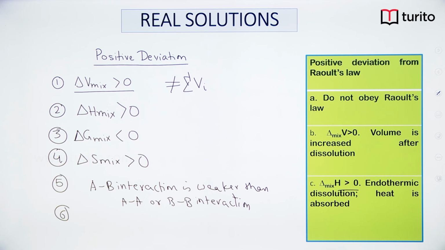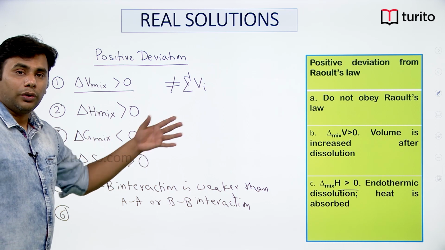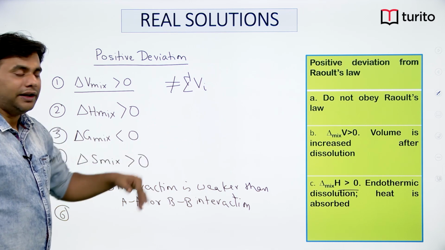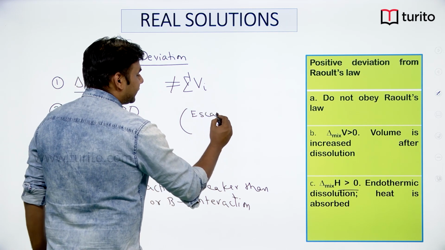So we'll say that for a positive deviation solution, delta V mix is greater than 0, delta H mixing is greater than 0, indicating that it is an endothermic process. Delta G mix is less than 0, delta S mix is greater than 0, AB interaction is weaker than AA or BB interaction. So we can say that after addition of B to A or after addition of A to B, the escaping tendency of both A and B increases.